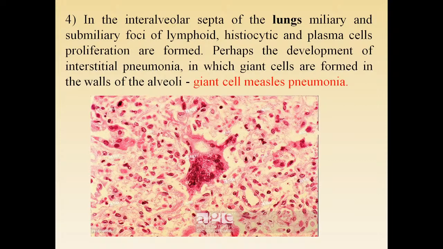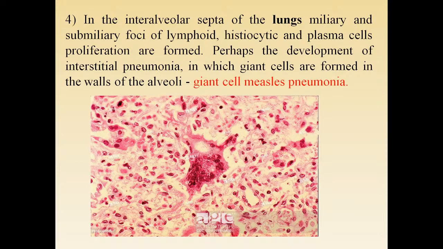Next, changes in the lungs. In the interalveolar septum, miliary and submiliary foci form, with proliferation of lymphoid, histiocytic, and plasma cells in the interalveolar septum.